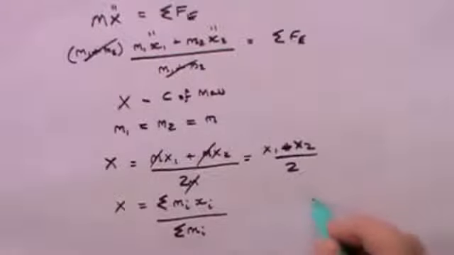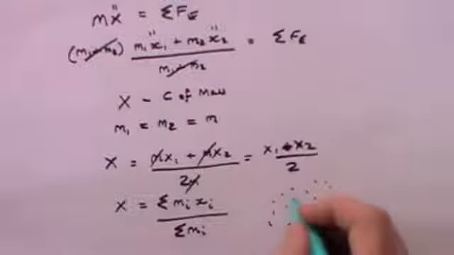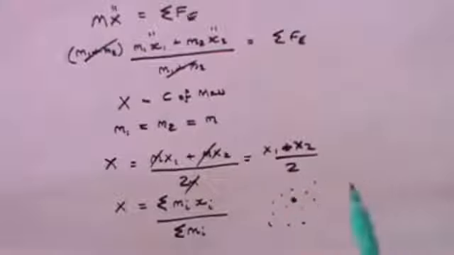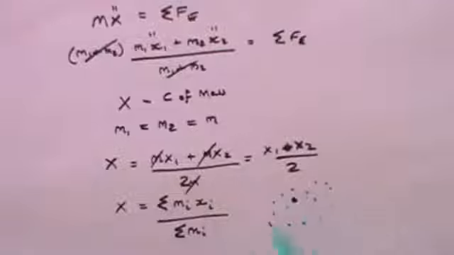And you could have lots of masses in a system, and you can pick an origin anywhere you like. Let's say that's the origin, and if you take the mass of each individual particle multiplied by the distance of that particle from the origin, and you add up all those terms together and you divide by the total mass of the entire system, that will give you a value of X, which is the distance of the centre of mass, the point at which all the mass of the body can be thought to act, from this origin.